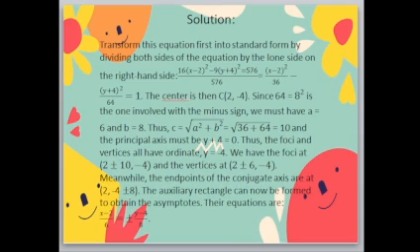If we look at the equation in standard form, we have (x minus 2) squared, and that's the place of (x minus h). So the value of h is 2. And for the value of k, we have (y minus k) squared.